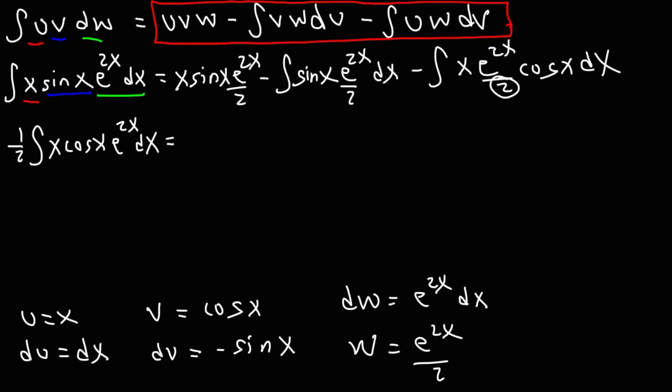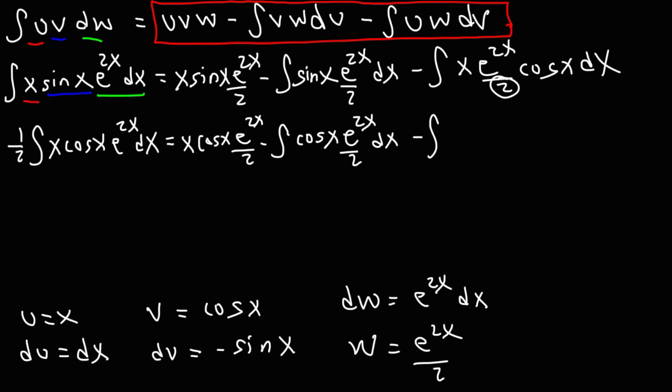So now let's put it together. So we have uvw, that's x cosine x e to the 2x over 2, minus the integral of vw du. v is cosine, w is e to the 2x over 2, and du is dx.